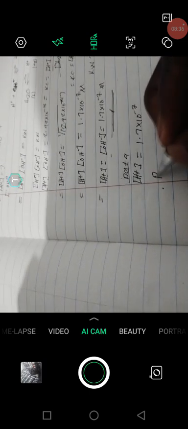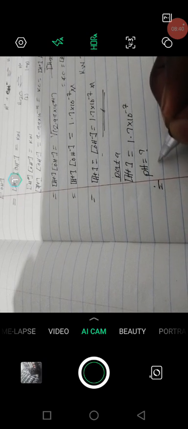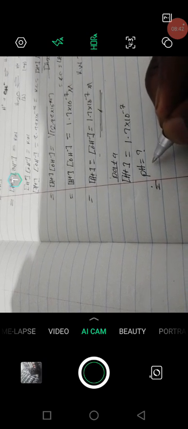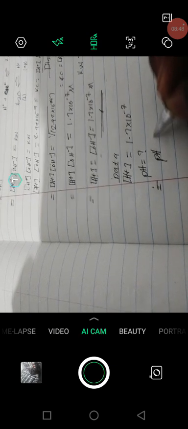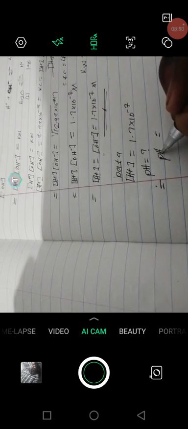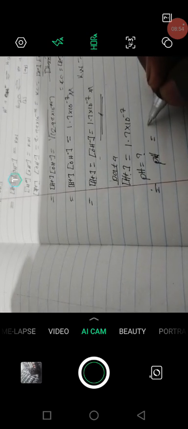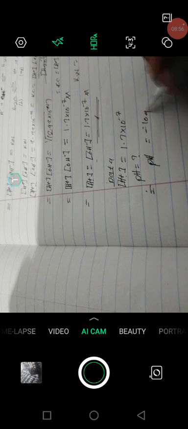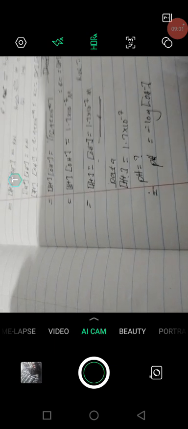Now, the pH you don't have. So what's going to happen, here's the formula that you have to use. You say, the pH is equal to, H is for hydrogen ion, the concentration of hydrogen ion, which is this one, is equal to negative log the concentration of hydrogen ion.